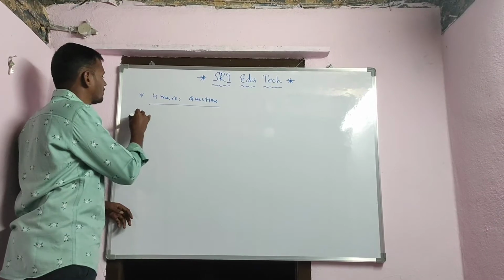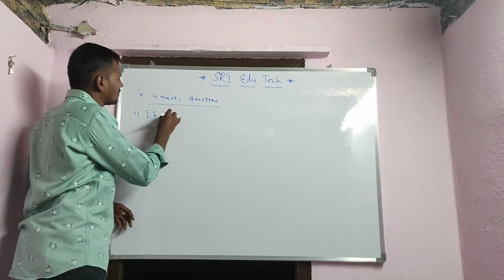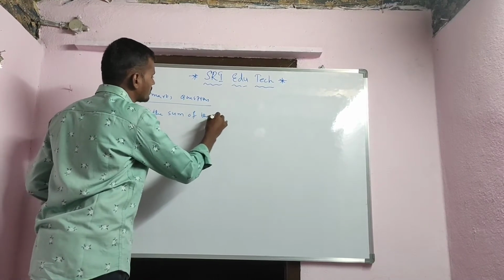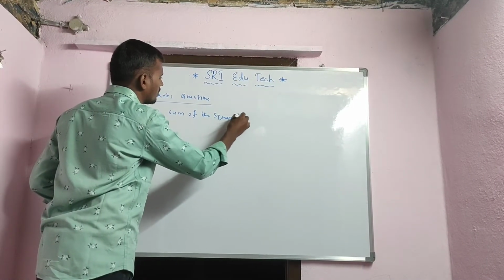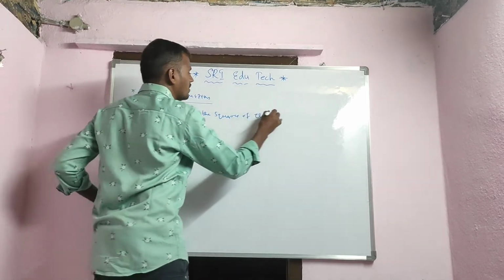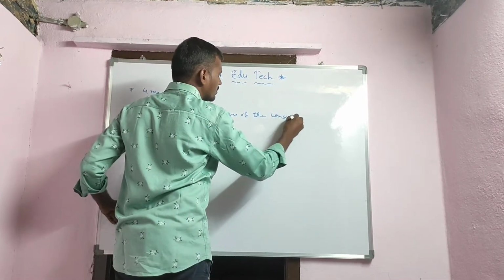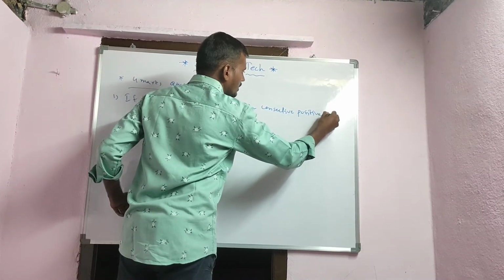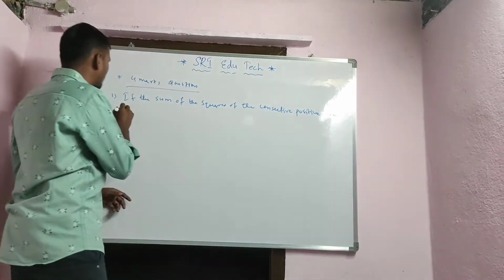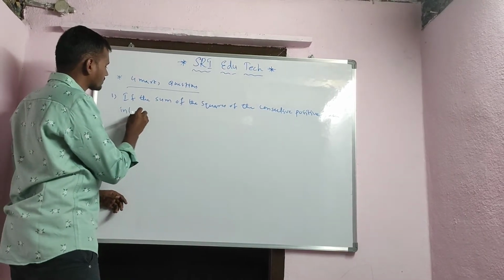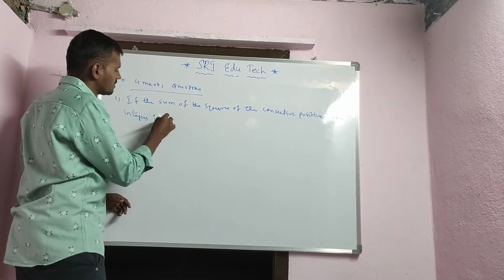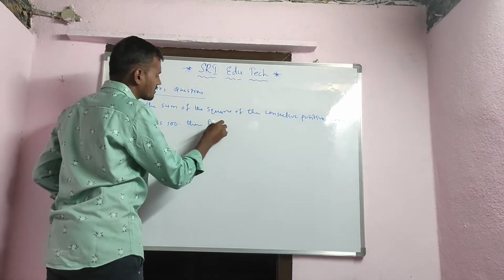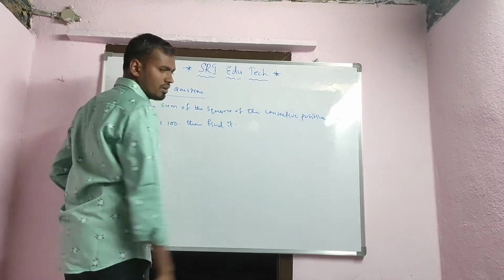If the sum of the squares of the consecutive positive even integers is 100, then find them.